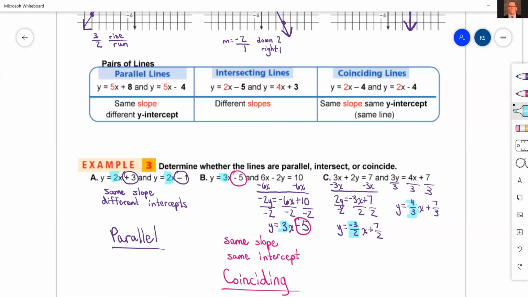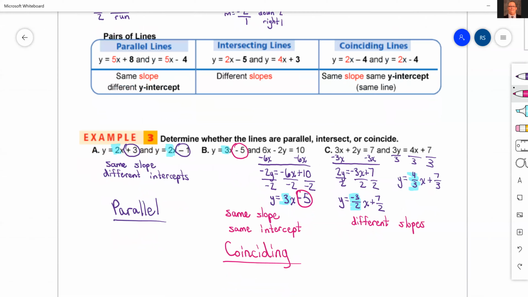Are those the same? No, we have different slopes. Since we have different slopes, what's that mean about them? They're intersecting.